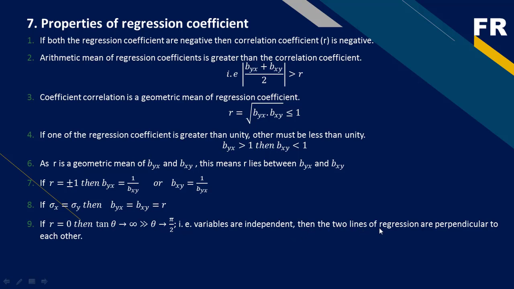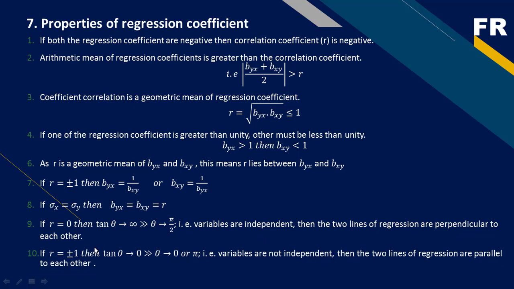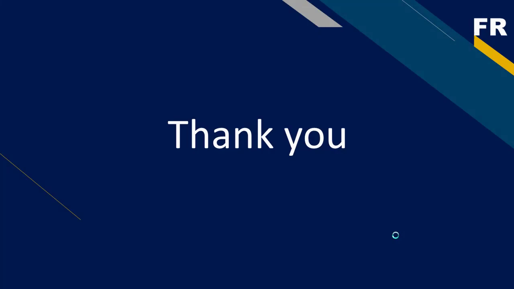Then the lines of regression are perpendicular to each other. If r is equal to plus or minus 1, that means the correlation is perfectly positive or negative, then tan theta is equal to 0 and theta is equal to 0 or pi. That means the two lines of regression are parallel to each other.